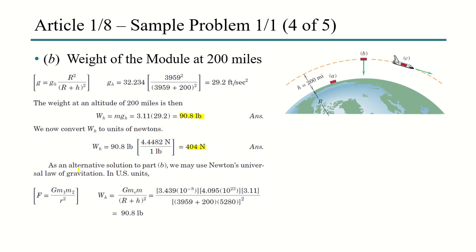As an alternative solution to part B, we may use Newton's universal law of gravitation. In US units, we use F equal to G m1 m2 over r squared. So W sub h is equal to G times M subscript E times m, divided by the quantity R plus h, with everything in the denominator raised to power 2.